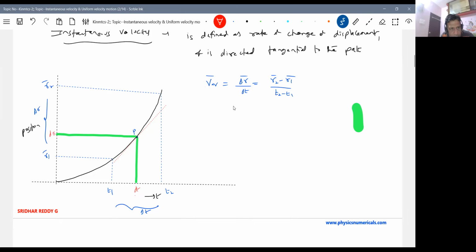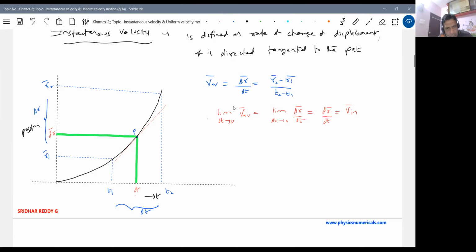Then this will become dr bar. Then here we take the slope. How do you define the slope? dr bar by dt, like tan theta, delta y by delta x. So similarly, dr by dt. When limit delta t tends to 0, v average bar will become limit delta t tends to 0, delta r bar by delta t. This will become instantaneous velocity, or we write it as dr bar by dt, nothing but instantaneous velocity.